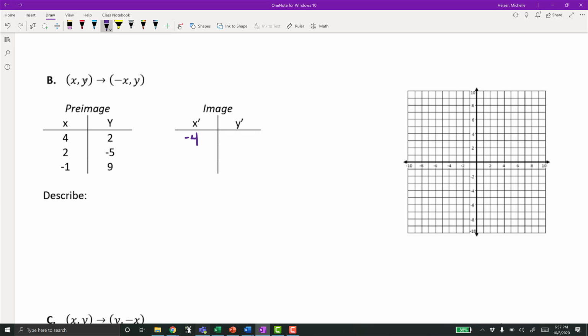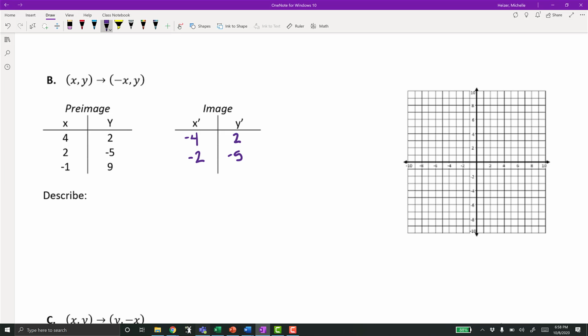And like I said, the y value stays the same, 2. Next point. X is 2, so it's going to become opposite because it's got that negative in front of x, 2. And my y value stays the same, -5.